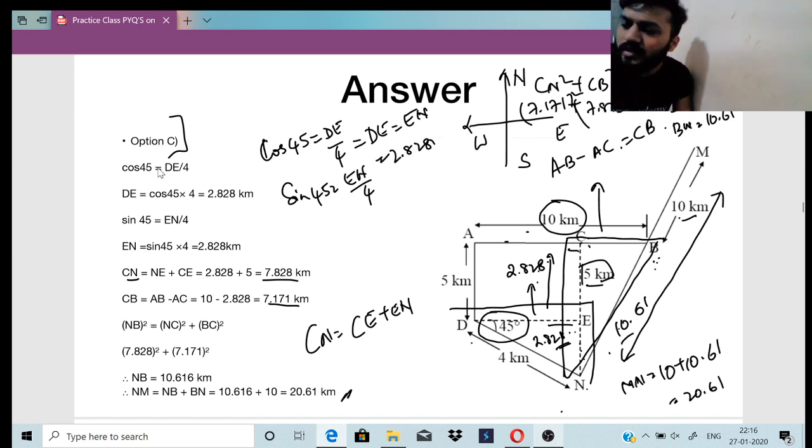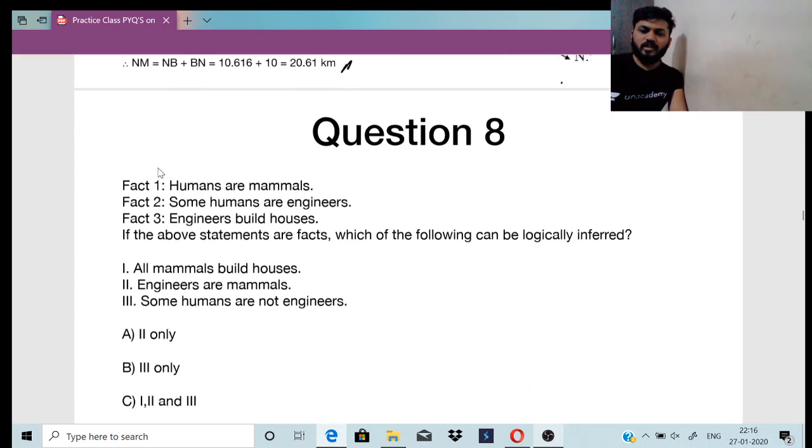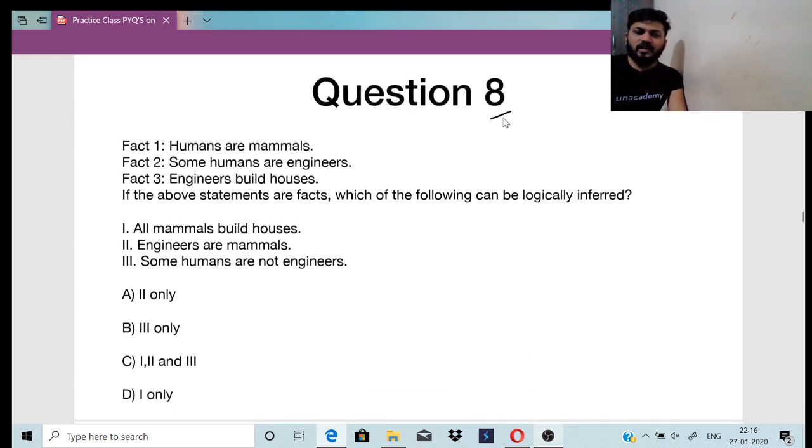Clear? Shall we move on to the next question now? Chalo, we'll move to the next question. Question 8.